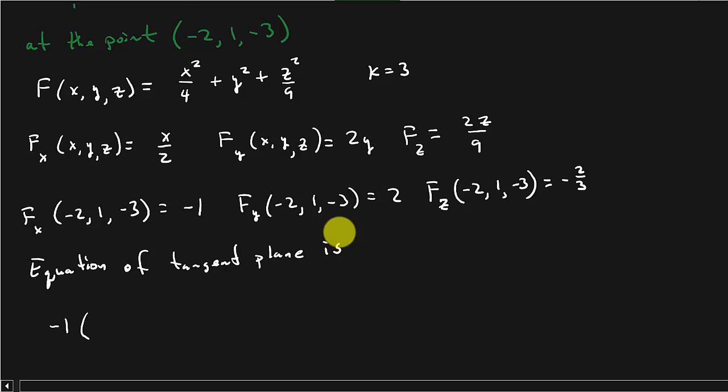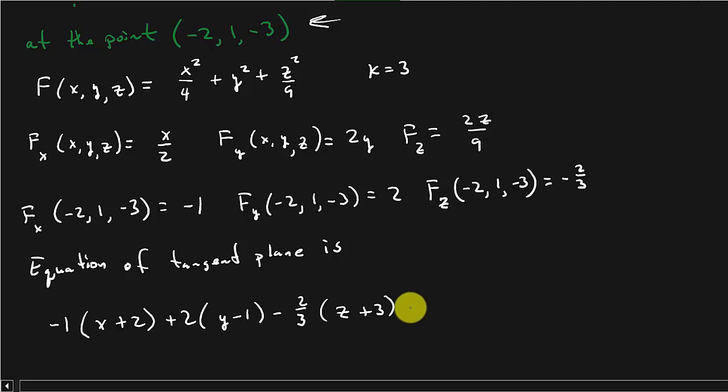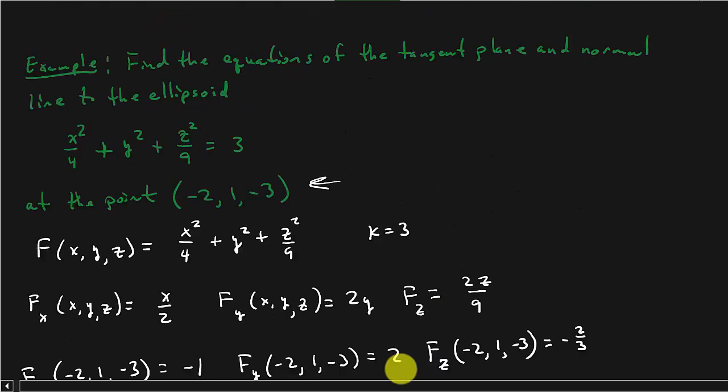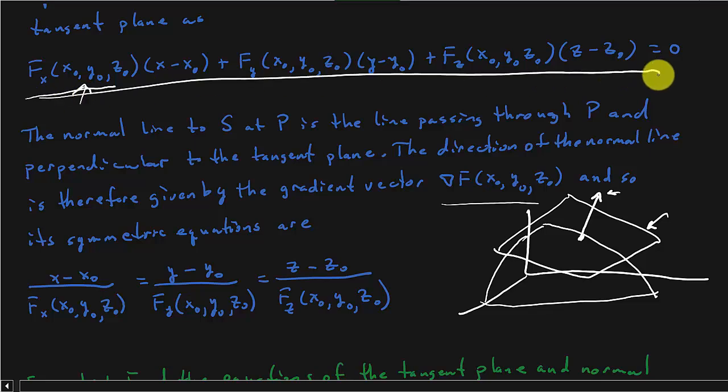Now remember, this is our point right here, x0, y0, z0. So it's x minus x0, so that would give us a plus 2. Plus 2 times y minus 1. Plus, not plus, how about minus 2/3, right? Times z minus negative 3, which would give us a plus 3, and that equals 0. All I did there is I just plugged it into that.